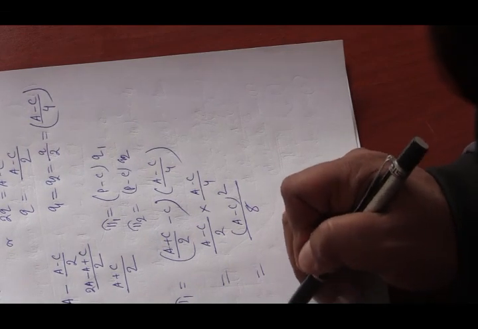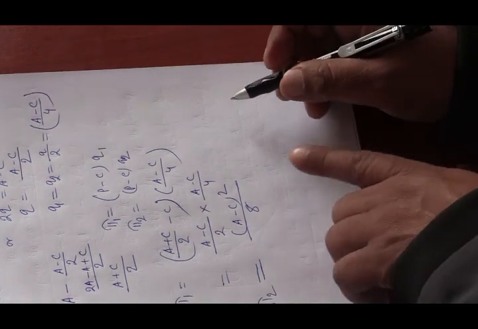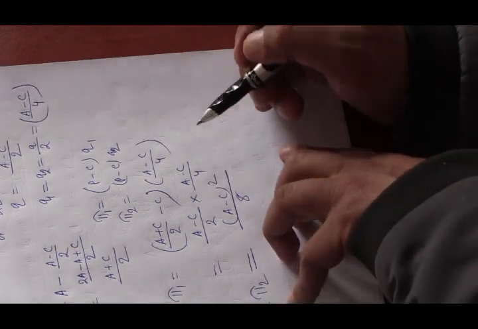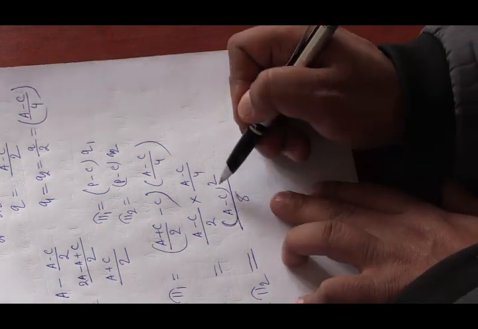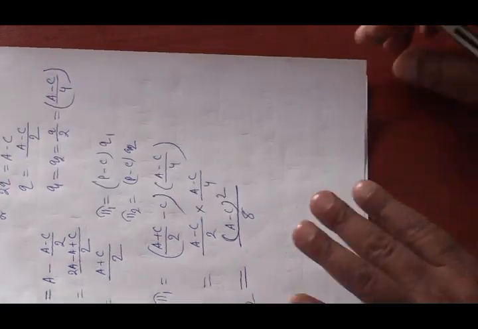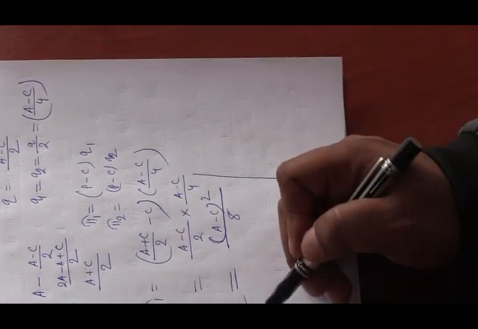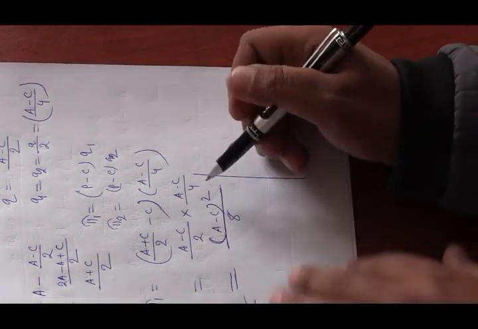So we can write that firm 1 and firm 2's profit will be the same whenever they join hands with each other and distribute the market share. They will divide the market share equally. And see, in case of collusion, each will enjoy (A minus C) square by 8.